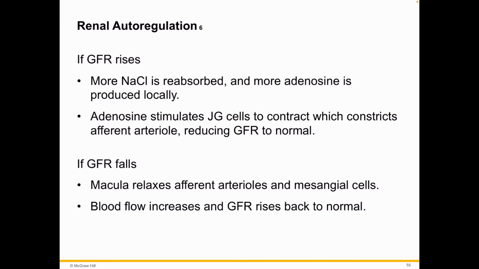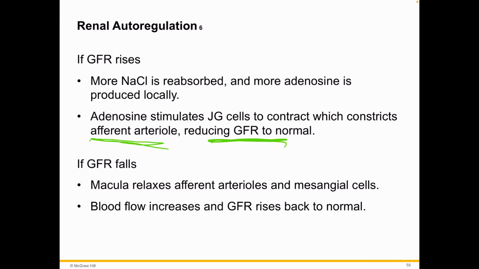It's going to stimulate these cells to contract and constrict the afferent arteriole, which drops that pressure down because less filtrate is able to go through those arterioles in the first place, and that's how we get back to normal.